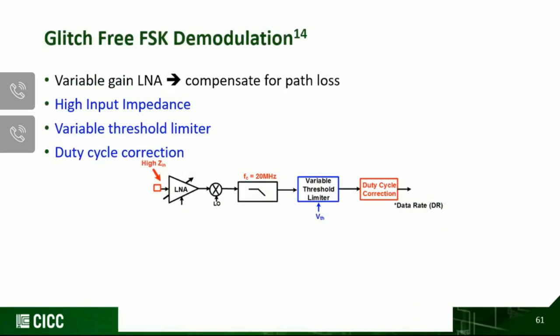In the version 2 transceiver, you can also introduce the glitch-free FSK demodulation, where you have the variable gain LNA, which compensates for the path loss. Once you have detected the path loss, you can compensate for that in the LNA, and also use variable threshold limiters and duty cycle correction to recover the full 50% duty.